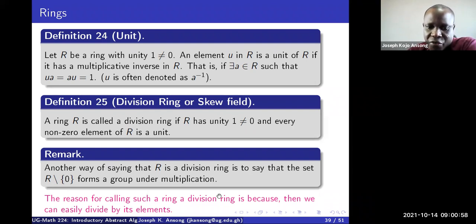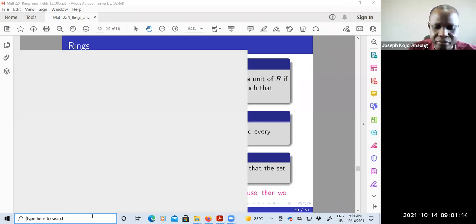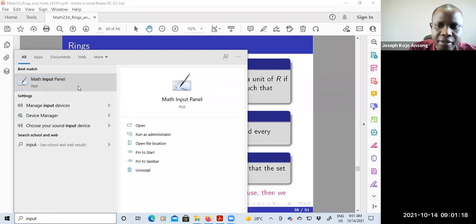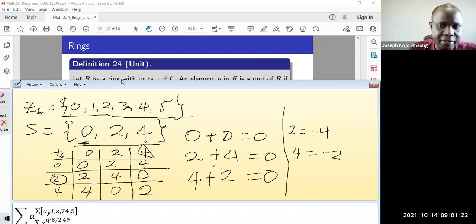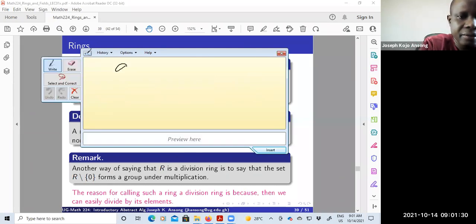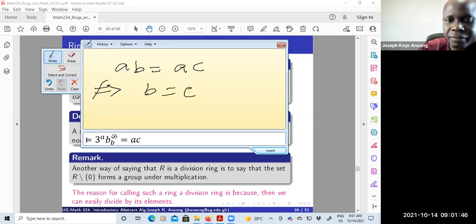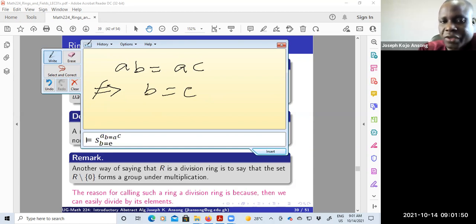Now, the reason for calling such a ring a division ring is because then we can easily divide by the elements. Remember we said in one of our lectures that if I have A times B equal to A times C, in general this does not imply that B is equal to C. I can only say this if I know that A has a multiplicative inverse.